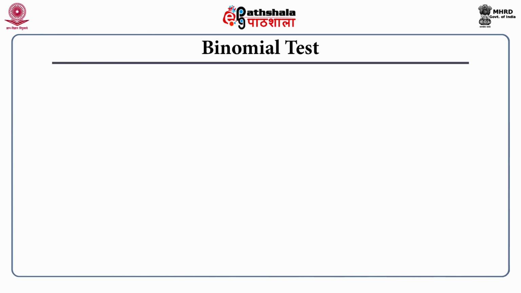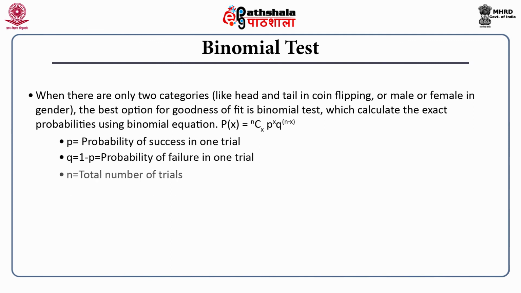If you have only two categories, like heads and tails in coin flipping, or male and female in the example I gave you about the sex ratios in Bathinda, or Mendel's purple and white, then the best option for the goodness of fit test is the binomial test, which calculates the exact probabilities for you by using the binomial equation.